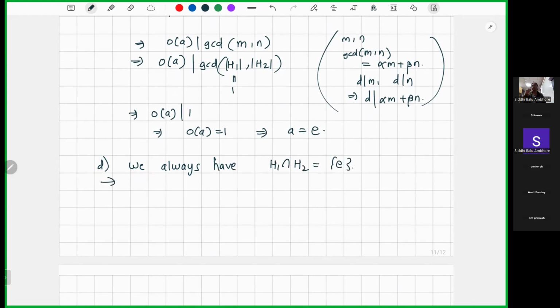Is this true? Can someone give me some example where this does not hold? Or is this always true? Is the intersection of two subgroups of a group always the identity?